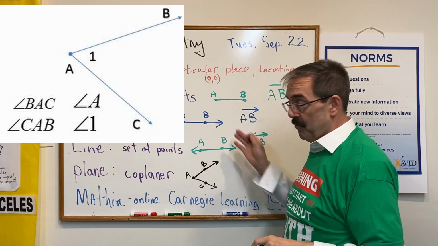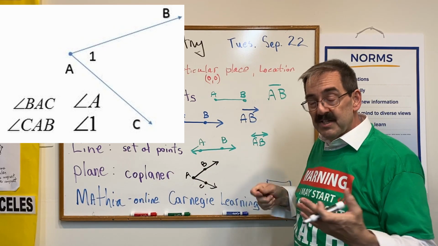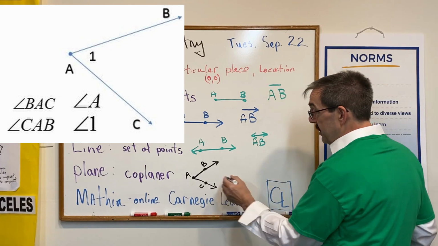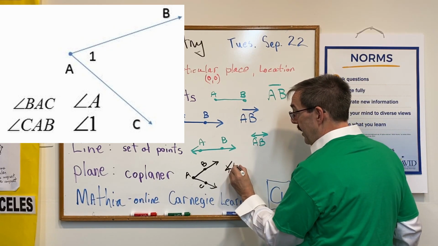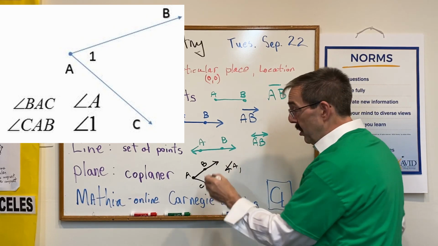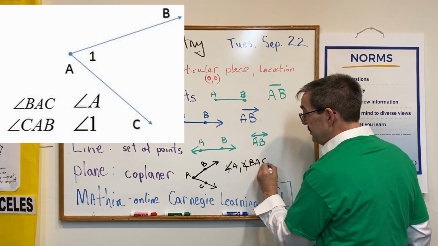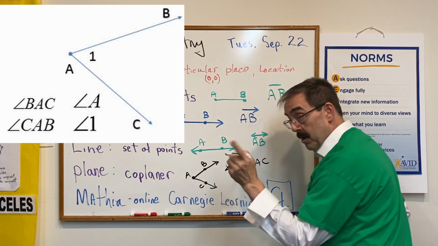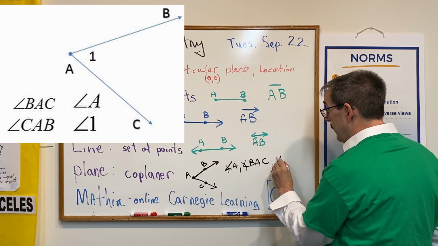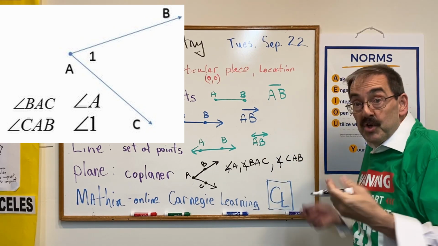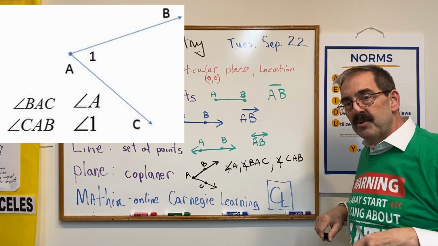And we're going to learn how to write all the things about rays, how to measure a ray, all the different symbols for a ray. We can call that angle A. We could call that angle BAC. We could call that angle CAB. We could, but we'll talk about that later in the week.